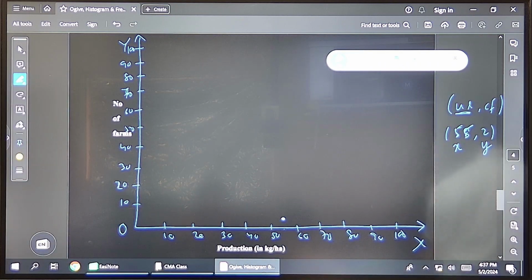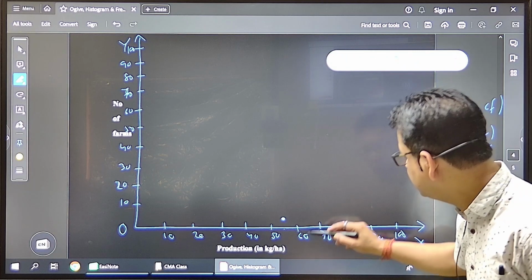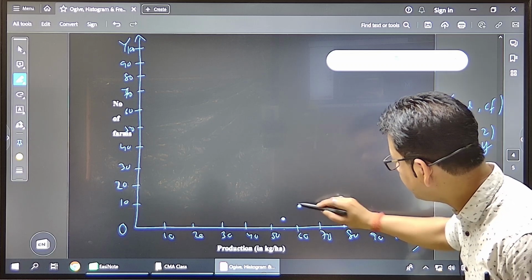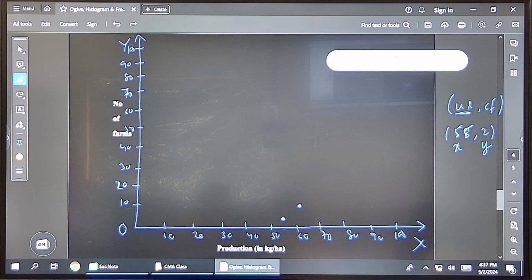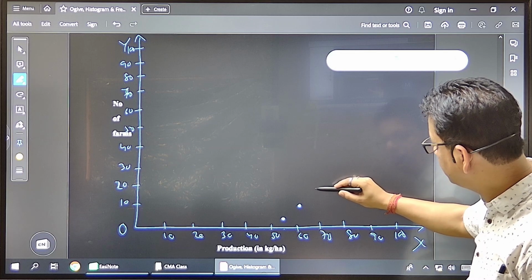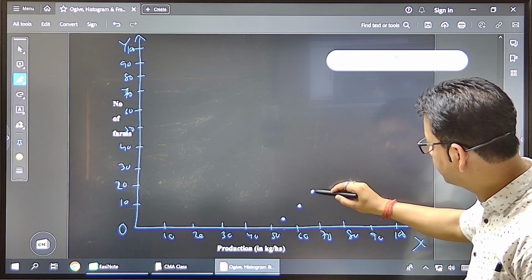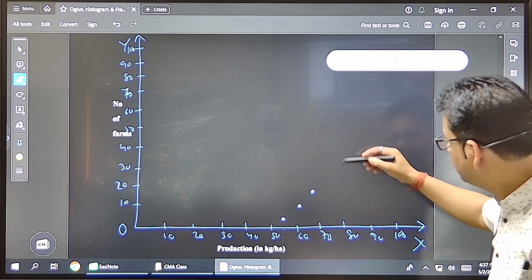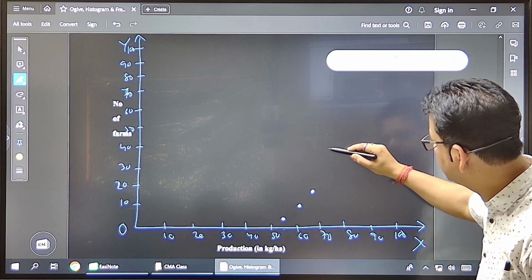The next ordered pair is 60, 10. So at 60 it is 10. Approximately here once again. Then 65, 22. It's all rough, of course. Then at 70, what is the number? 46. At 70 it is 46.